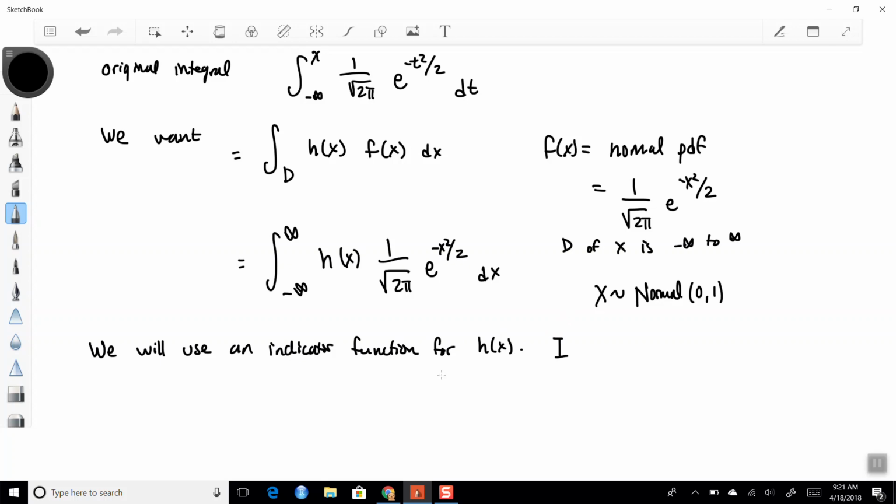I probably should have used different letters here. Sorry, I'm going to switch things. So our indicator function, z less than or equal to x, is equal to 1 if z is less than or equal to x, and it's 0 if z is greater than x.